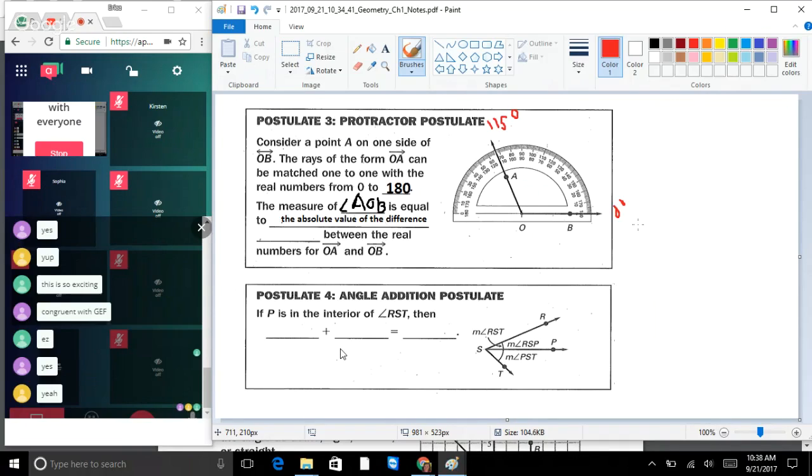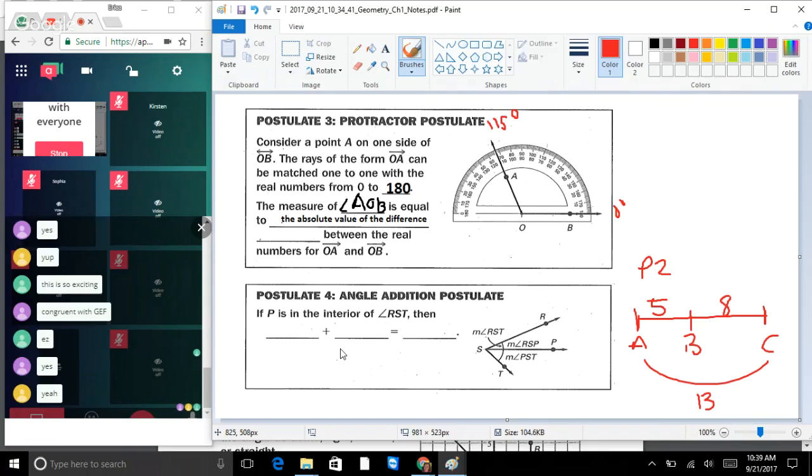Okay, and then postulate 4. If you'll remember, postulate 2 was that if we have a line, this is A, B, and C, if A to B is 5 and B to C is 8, then we can add them together and A to C is 13.